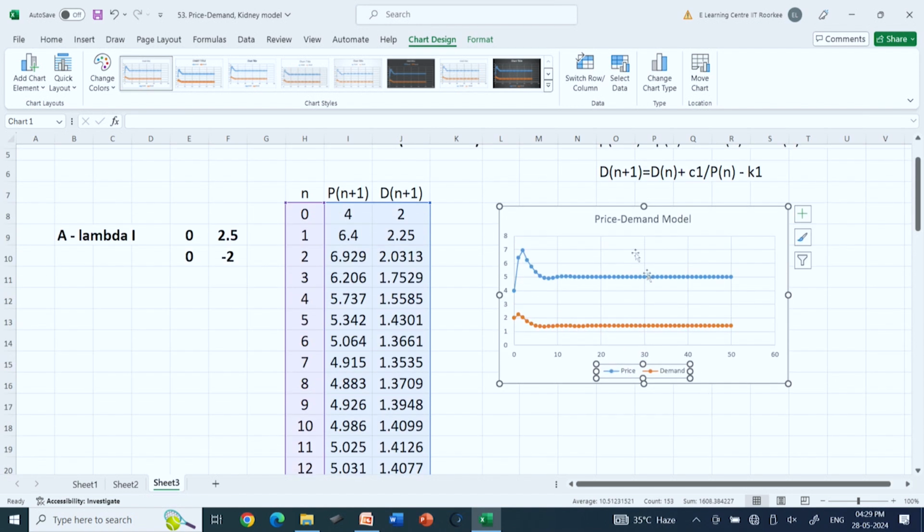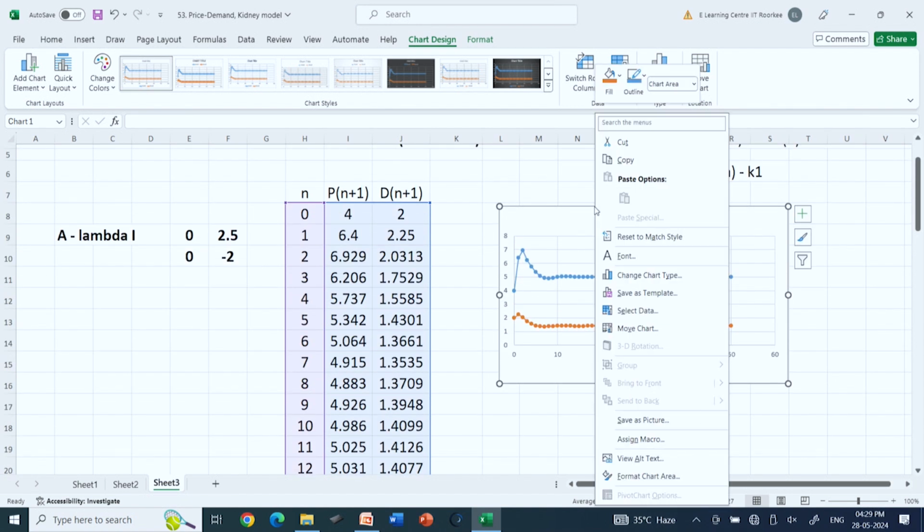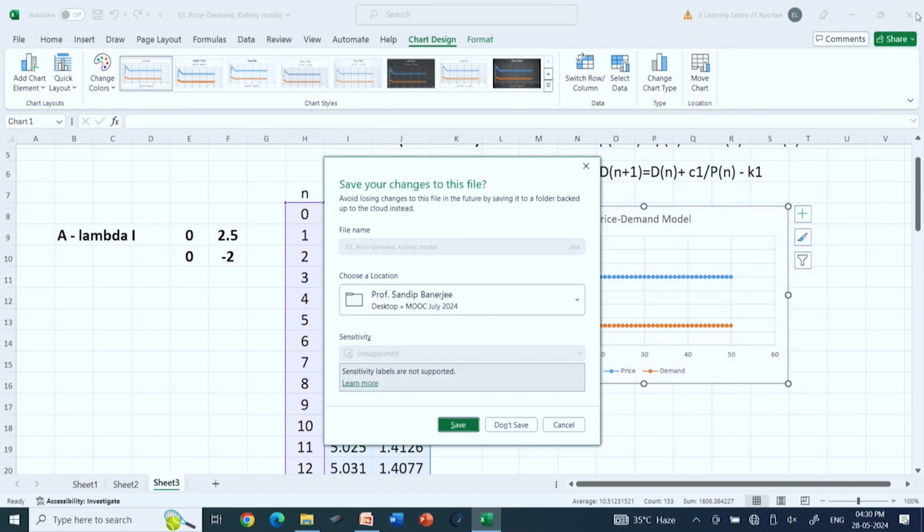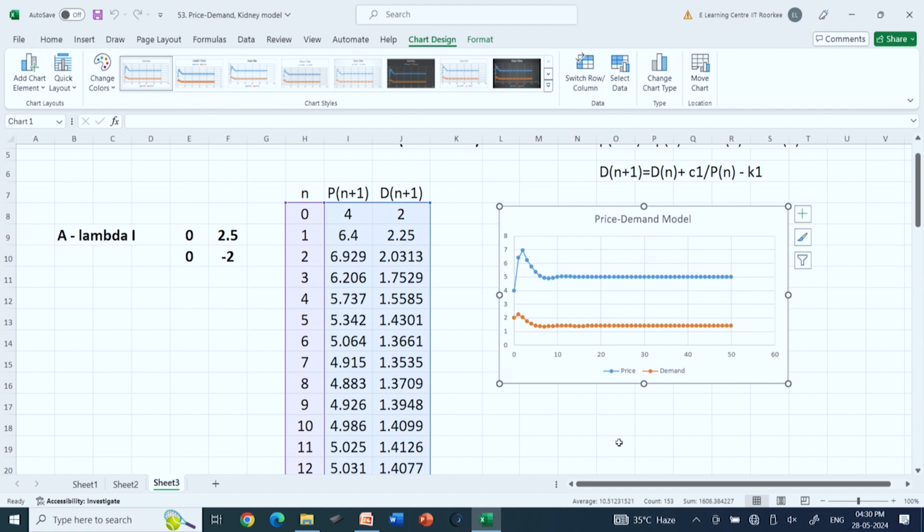So you get this curve, and if you want to copy this curve, right click, copy, go to your slides and paste.